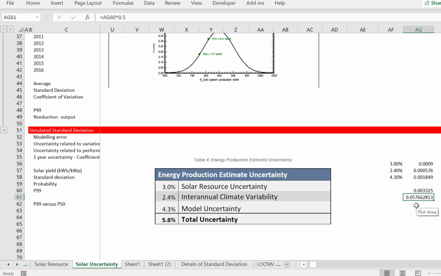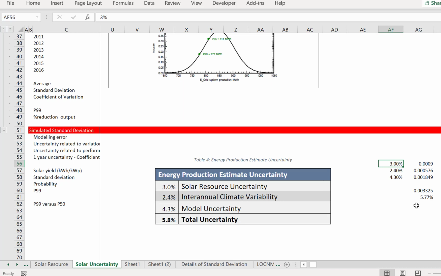Okay, and then I get 5.77, 5.8. That's what they always do. That's called the mean square error. So if you can say, this is the solar resource uncertainty, that first one must be kind of like the thing we just did.